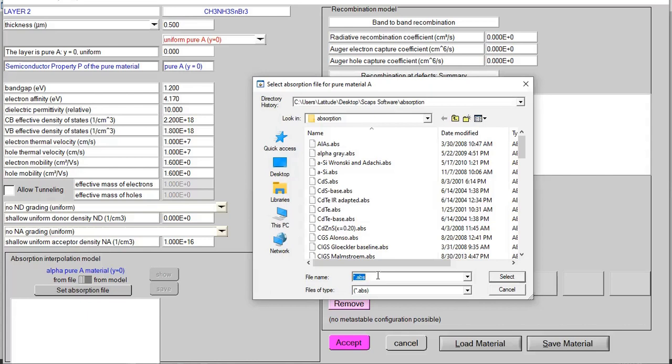You should keep in mind that whenever you are going to import absorption data externally, you should save your file with the .abs extension. A lot of people don't know about that. In the SCAPS directory, you can see that here we have the .abs layer files and others.